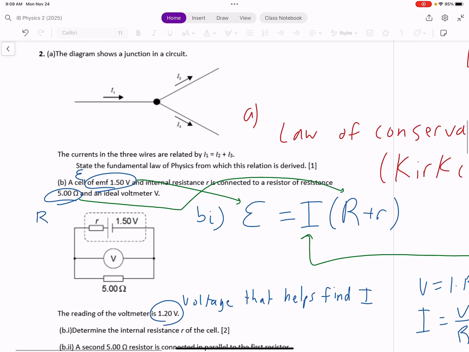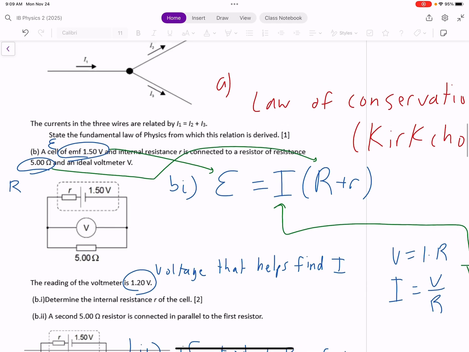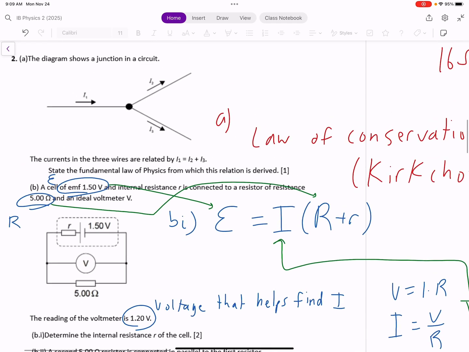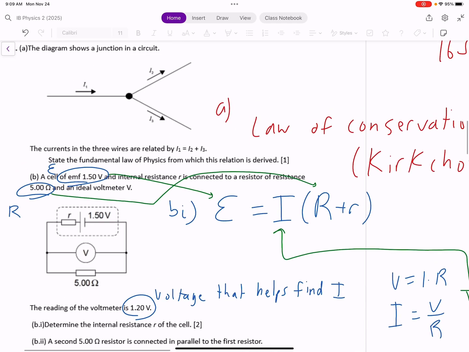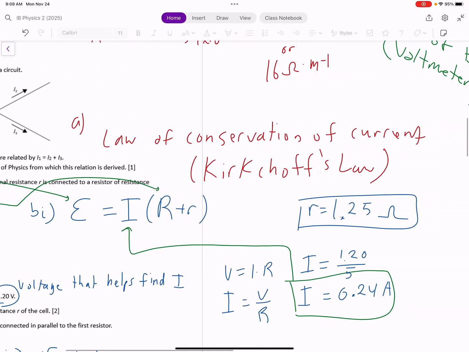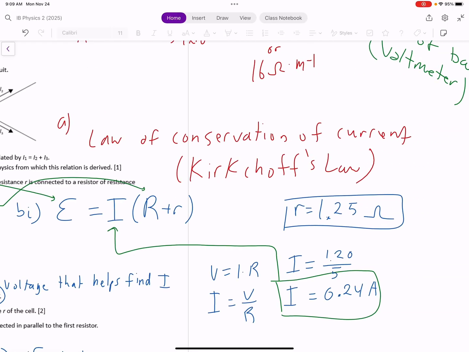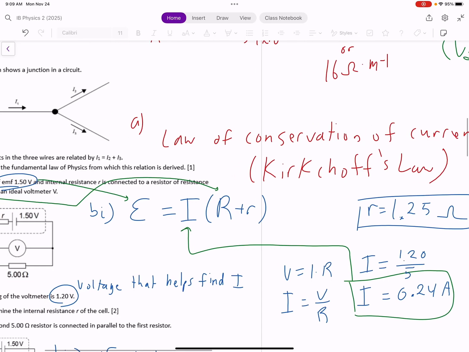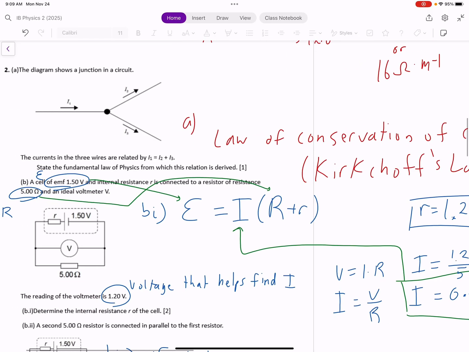But this is just showing us a junction. It doesn't really show us the rest of the circuit here. So it says the three wires are related. So I1 equals I2 plus I3. State the fundamental law. Well, this is a law of conservation of current, but the equation does have a name here. It's Kirchhoff's law. It just says that current isn't lost when it splits.